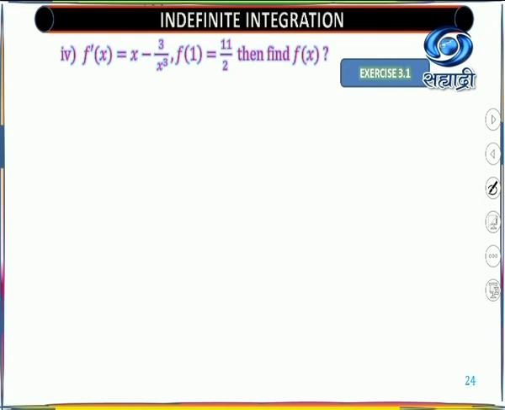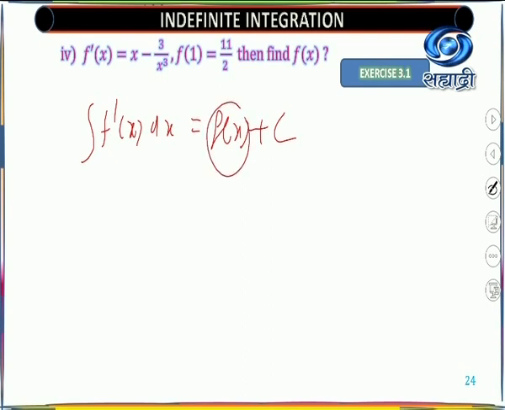How to find fx? As usual, we are using our definition. So what is the definition of indefinite integral? Integration of f dash of x dx is fx plus constant of integration. That means our definition says that it is an antiderivative formula. So whose derivative it is, you need to find.